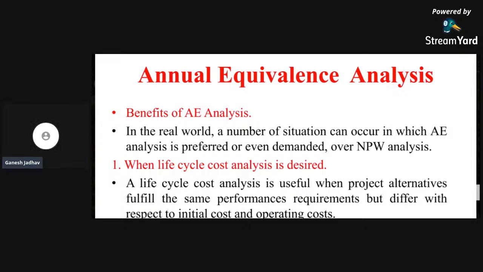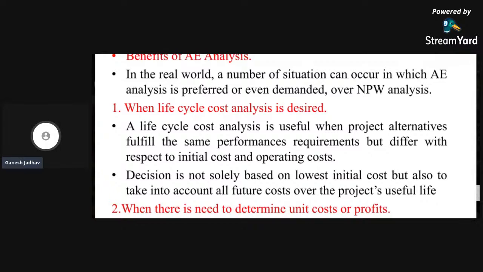Okay, then another one is when the life cycle cost analysis is desired. Okay, so what they say, a life cycle cost analysis is useful when the project alternatives fulfill the same performance. Okay, so what they say, whenever any team performs the same performance but differs with respect to the initial and the operating cost.